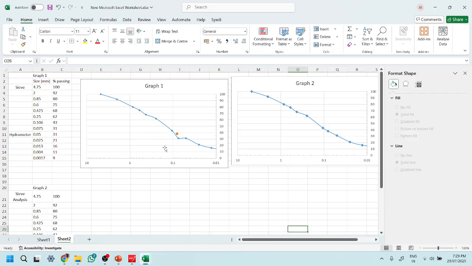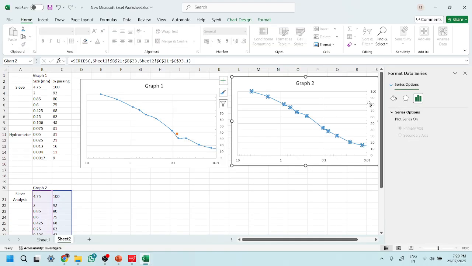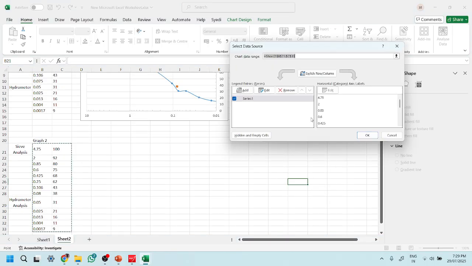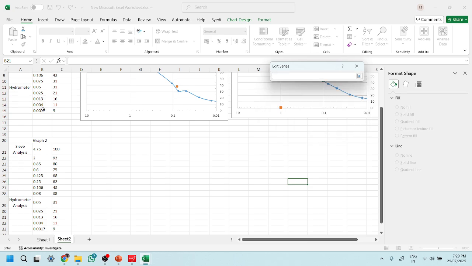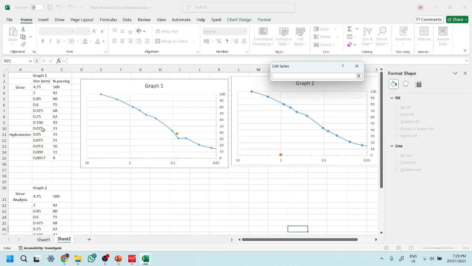Okay. So this is our grain size distribution curve. If we skip the point 8, then we have a grain size distribution curve and we will add the x value for 0.75 here.